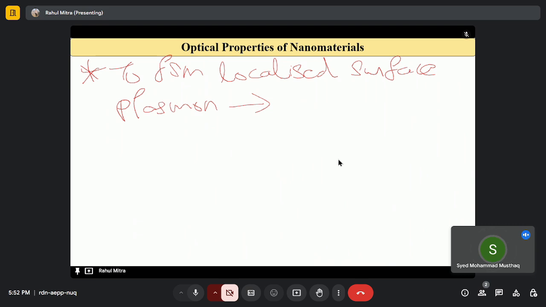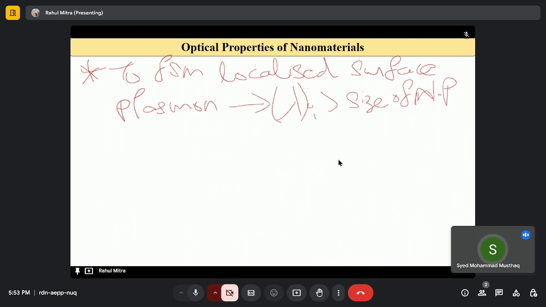There is one condition that needs to be satisfied. The wavelength of the incident electromagnetic radiation should be greater than the size of the nanoparticle. This is, lambda greater than the size of the nanoparticle.